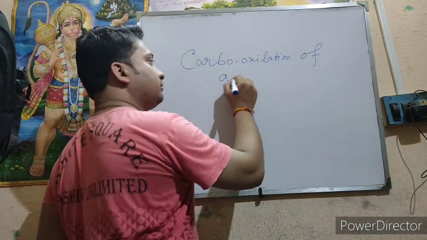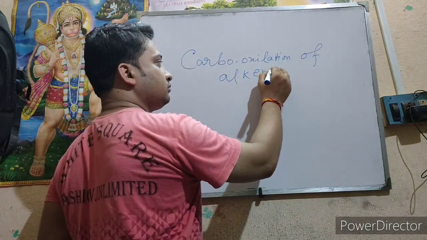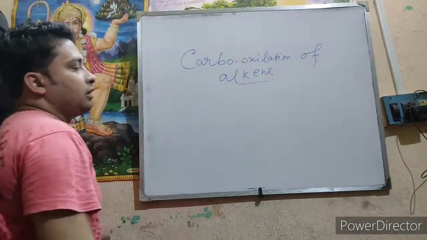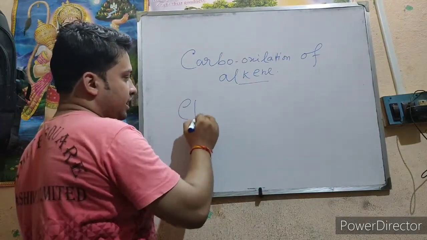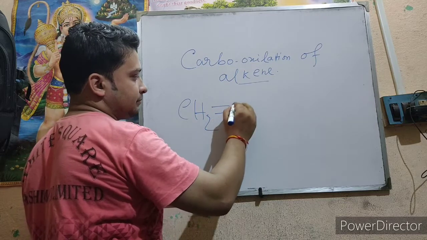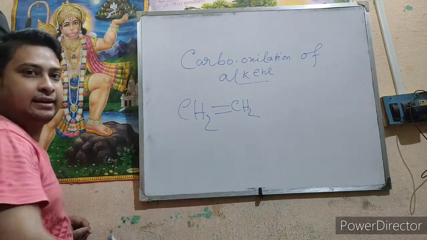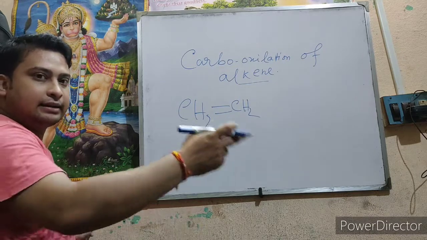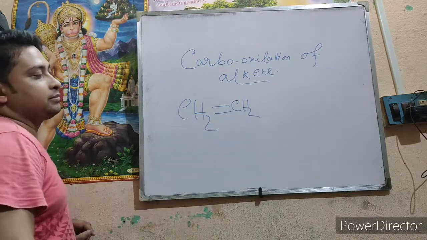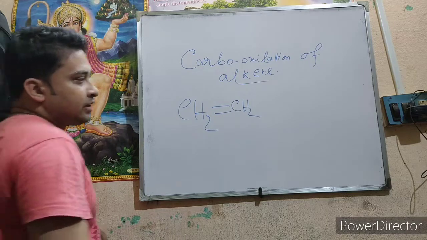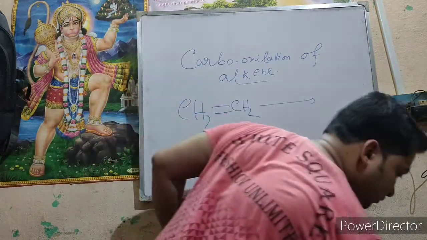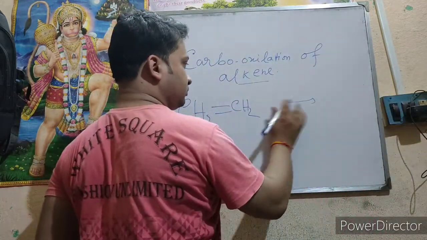You take an alkene. Alkene means carbon and carbon should have a double bond. This is alkene. Then you react it with CO.